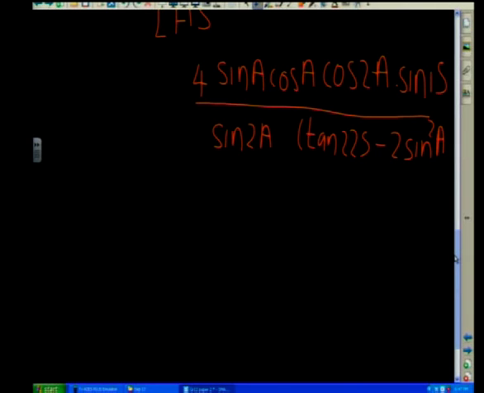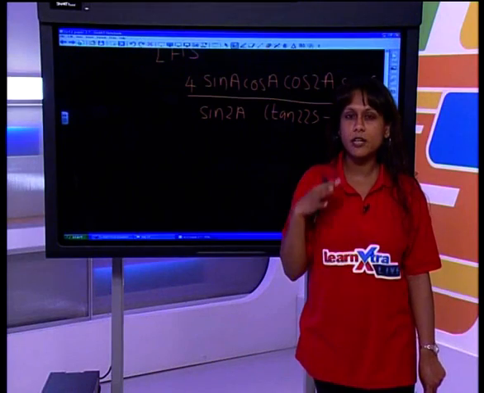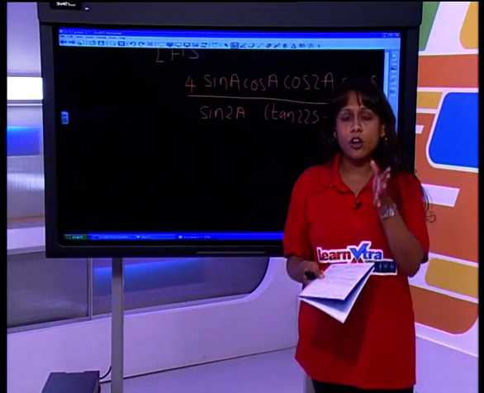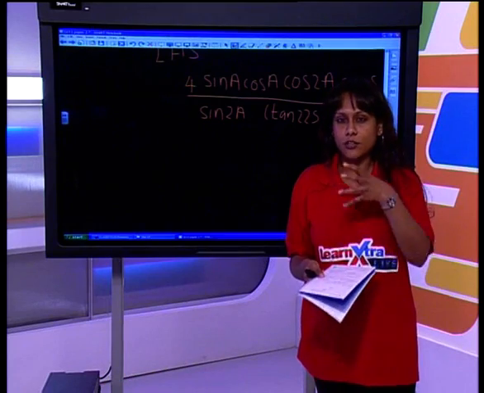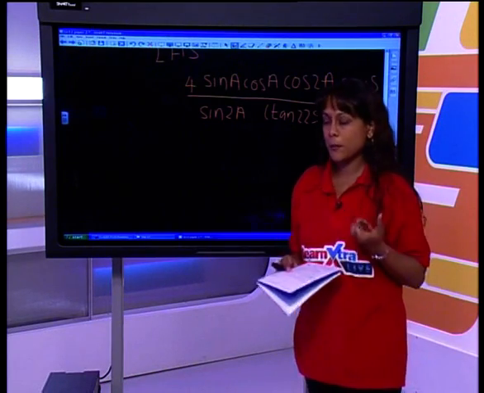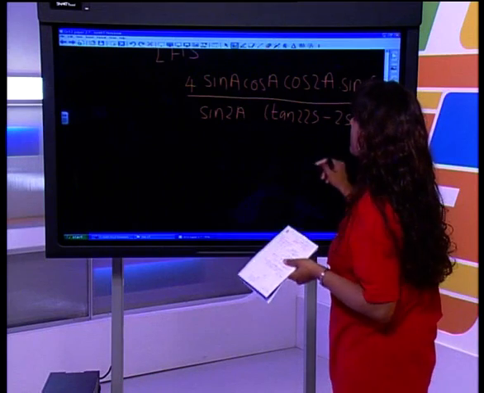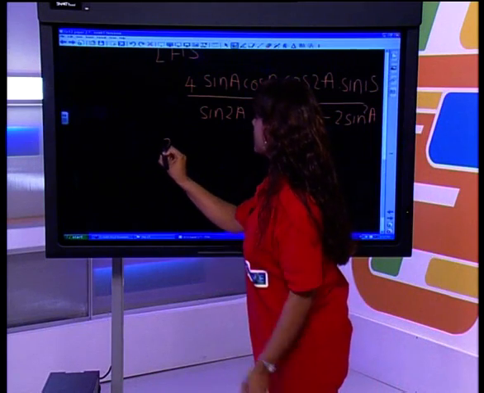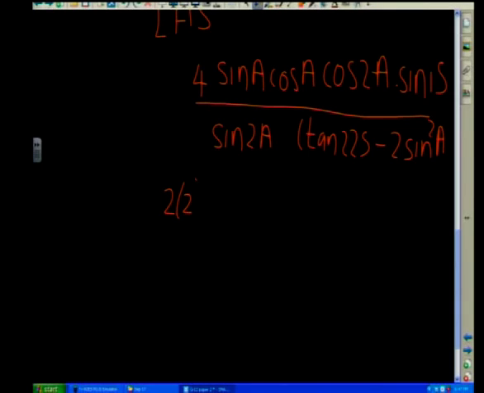Okay, remember your expansion formula, sine 2A is equal to 2 sine A cos A. So if you got 2 sine A cos A, you can actually go backwards, right? So I can rewrite 4 sine A cos A as, and I'm going to do this in as many steps as possible because it can get a little bit confusing. Okay, so I'm just looking at that first bit there.